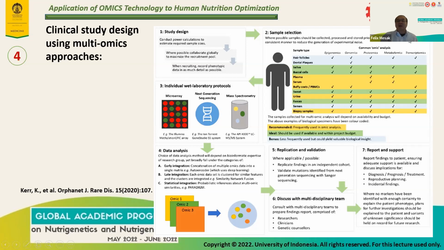And now you can see, you can map it out. As an example, in this table, the sample type. What would be the sample types in medicine? You can get hair follicles or dental plaques, saliva, buccal cells, plasma, serum, particles, sweat, urine, feces, semen, biopsy samples, and which common omic analysis are possible.